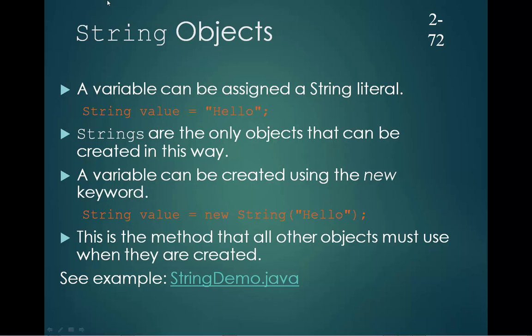Strings are special because Java has allowed us to treat them in some ways like a primitive. In other words, you can do this when you create an int. You can assign into it like this. And so Java lets us use strings in the same way.